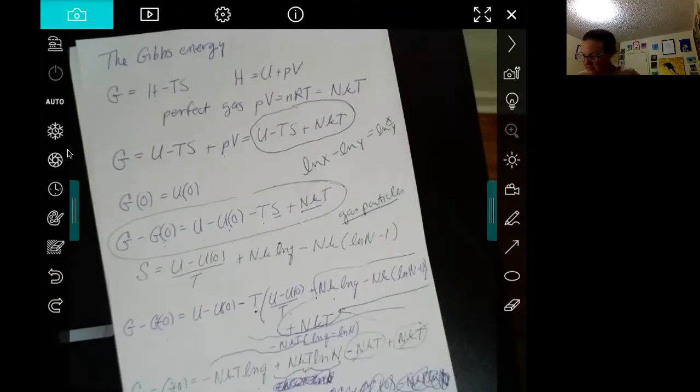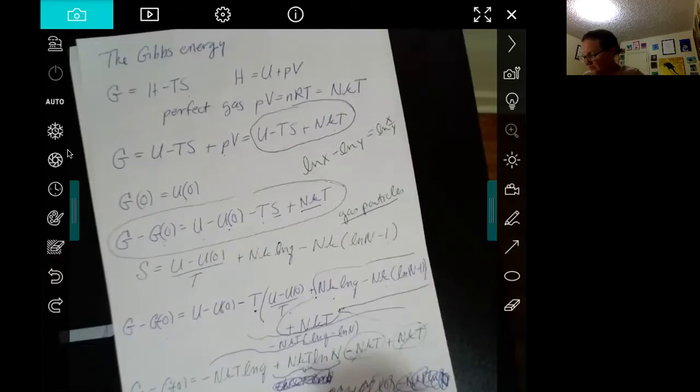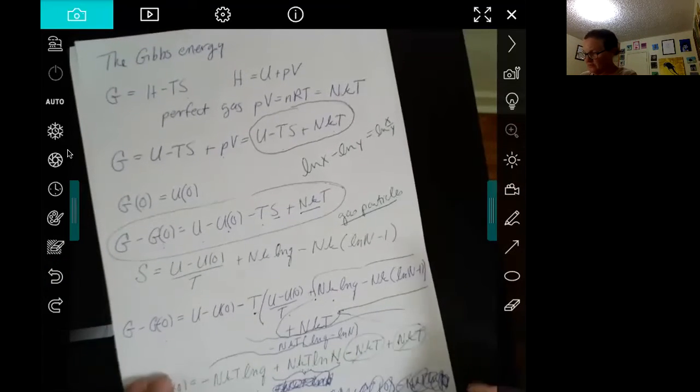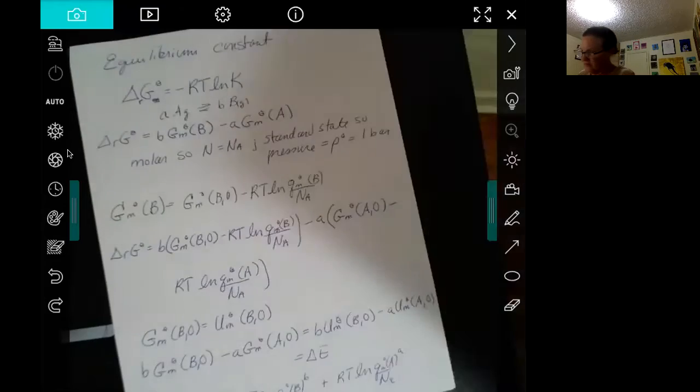And so G minus G0, or G at absolute zero, is negative NKT ln of Q over N for perfect gas particles. So we had that in our derivation.